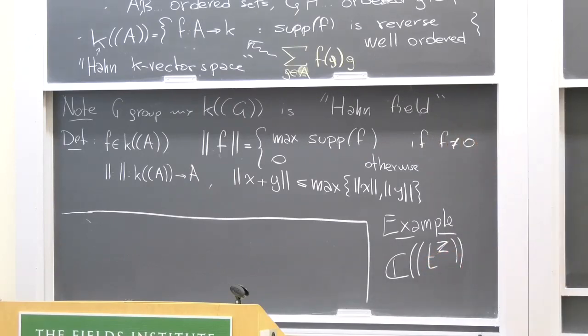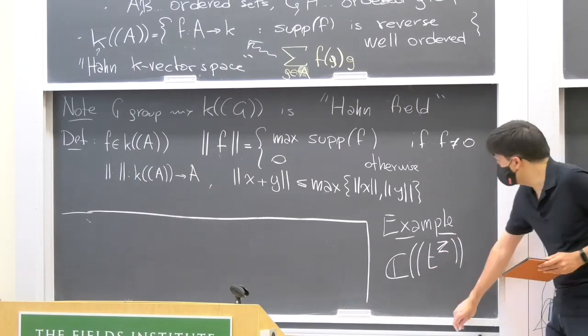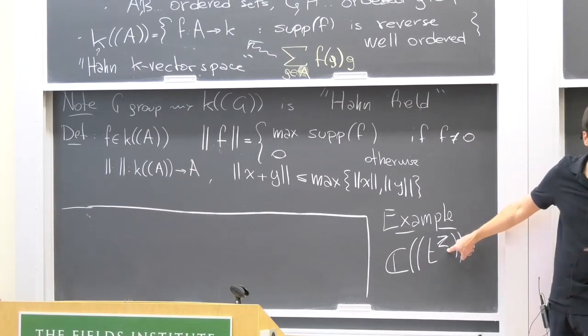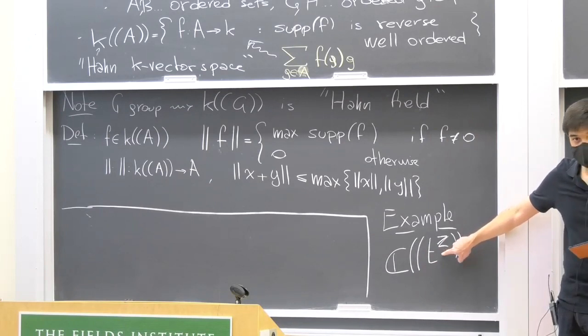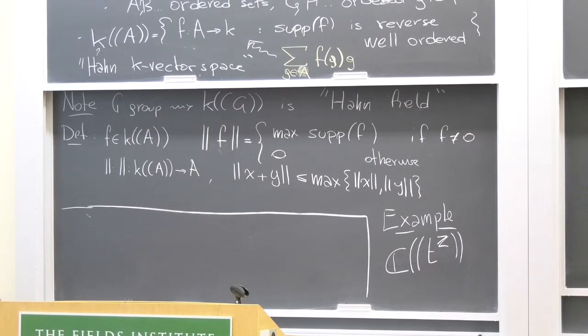I take a multiplicative copy of the group of integers Z. That's why I added a t here in this case, and that gives me a Hahn field. Okay, so that's for the usual stuff. Any questions so far? Any objections? No objections. Okay.